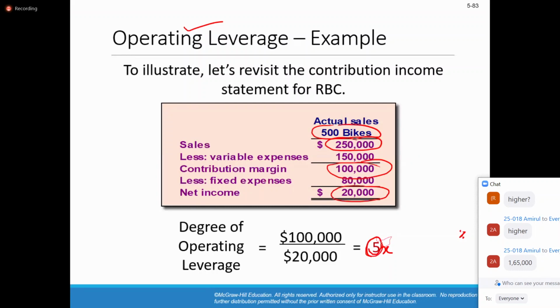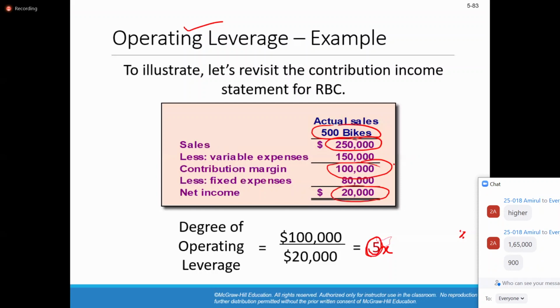So one interesting thing I would like to highlight: can you recall what our break-even sales quantity was in the current situation? It is the actual sales. Can you recall what was our break-even sales?